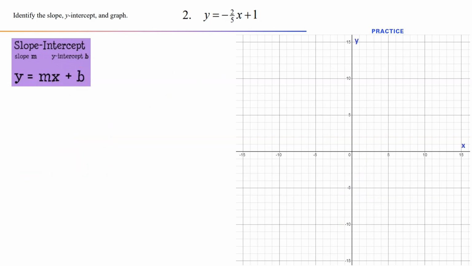Similar for this question, we'll rewrite: y equals negative 2 over 5 x plus 1. So in this case, our m value is negative 2 over 5 and b is 1.